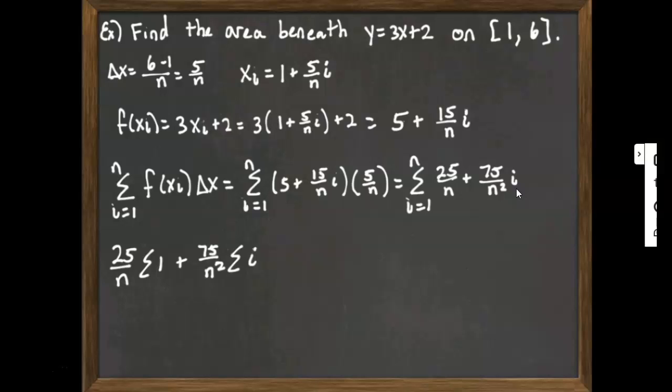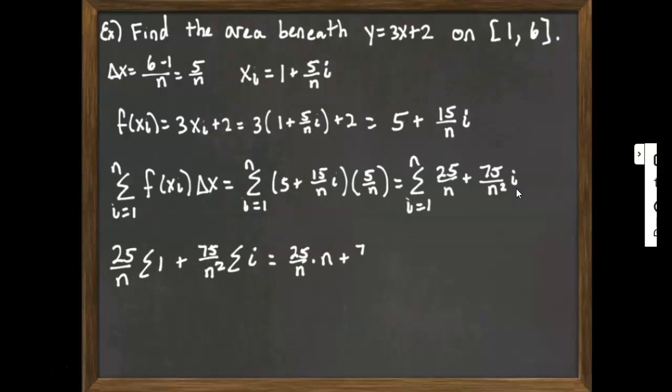And then we pull our formulas in. The sum of the ones, we know that's just going to be n here. And the sum of the i's, we can use our formula to do that. So we get 25 over n times the sum of the ones. If you add 1 up n times, that would just be n.